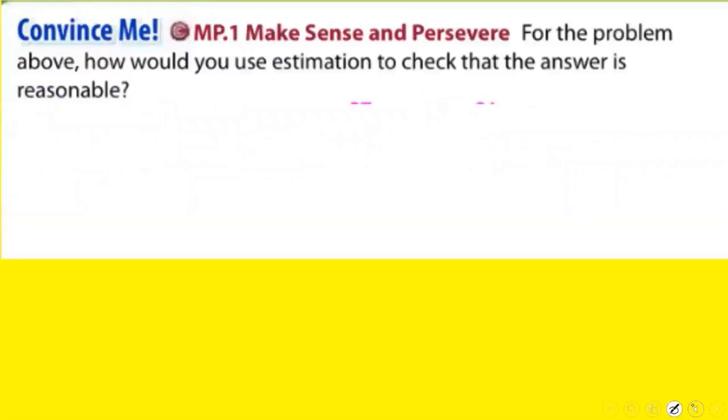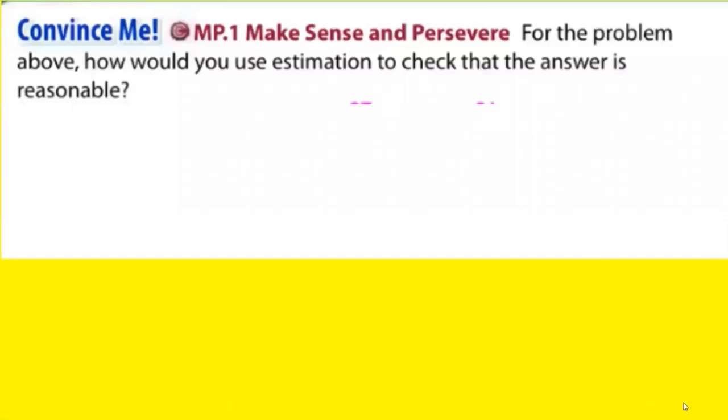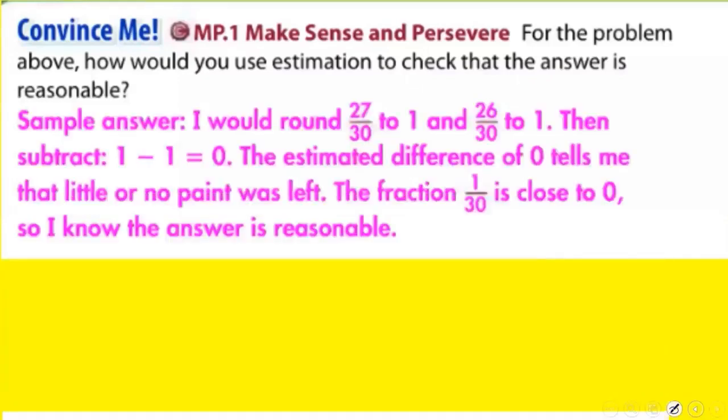For the problem above, how would you use estimation to check that the answer is reasonable? Okay, let's see. Simple answer. I would round 27 over 30 to 1 and 26 over 30 to 1.